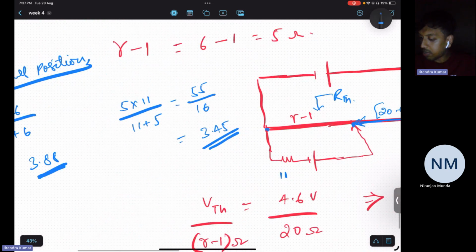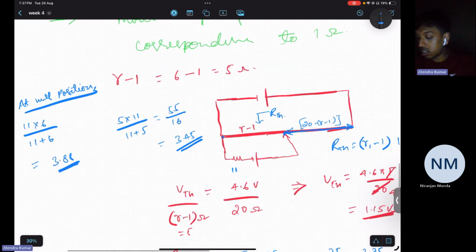So what I'm trying to show here is the equivalent resistance, the Thevenin resistance, which we are calculating at all the different positions. At the null position, it was 3.88.